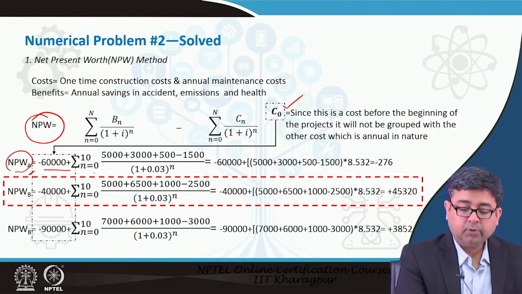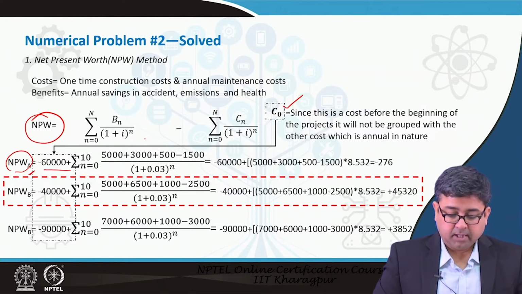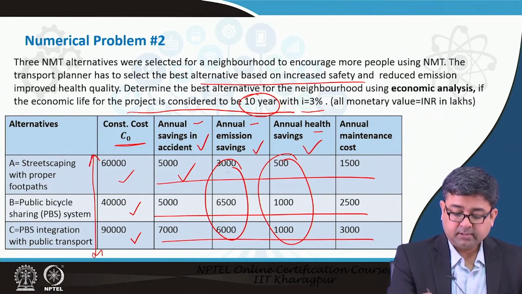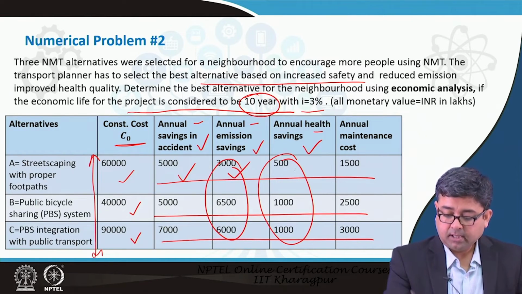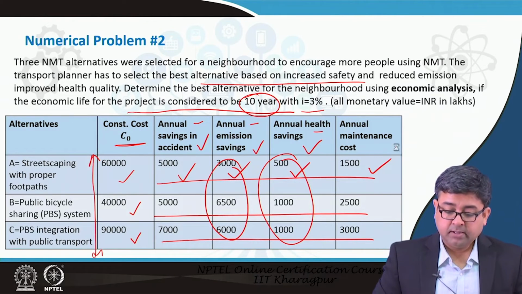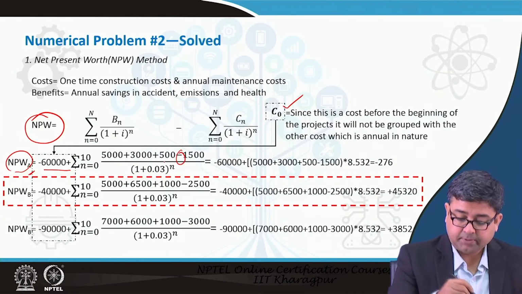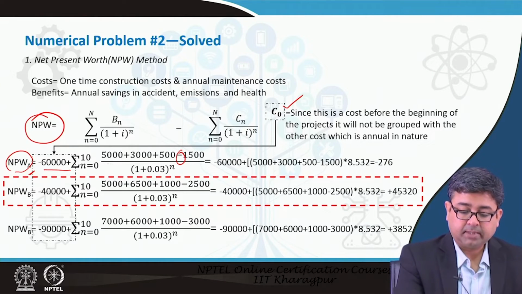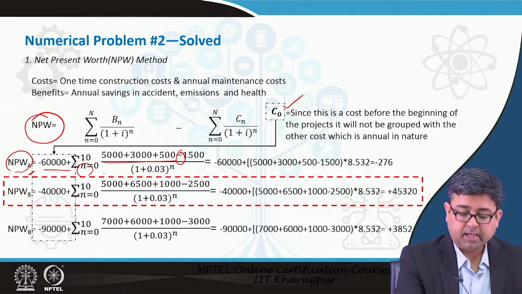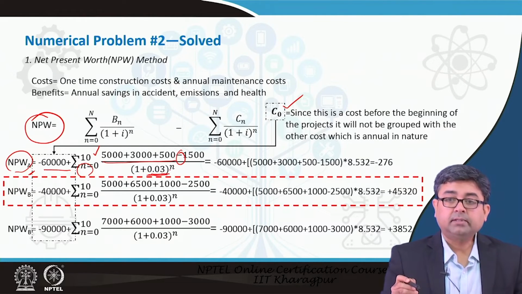Then it has annual benefits of 5,000 in annual savings, 3,000 in annual savings, annual health savings of 500, and a maintenance cost of 1,500. The maintenance cost has to be subtracted, and these are all added. This is for 10 years, n is equal to 0 to 10, and the interest rate here is 3%.